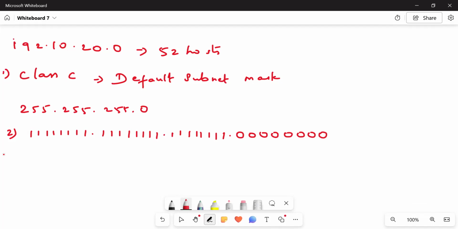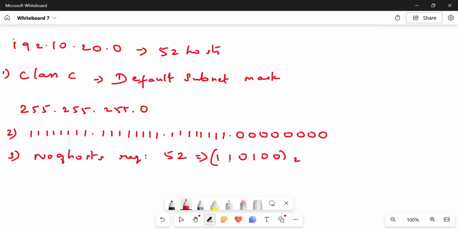Now the third step is the number of hosts required. The number of hosts required is 52. So we need to convert this 52 into binary format. What is the value we are getting? The binary format for 52 is 110100.